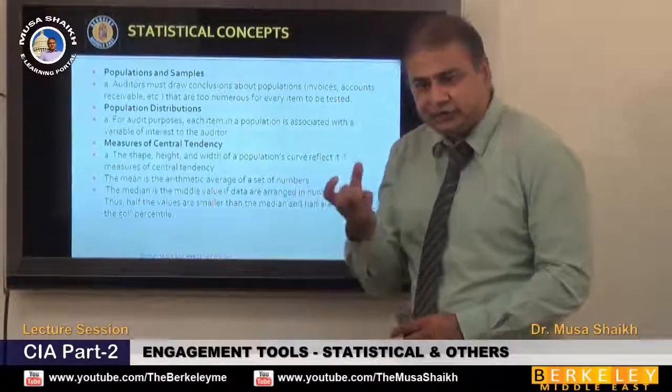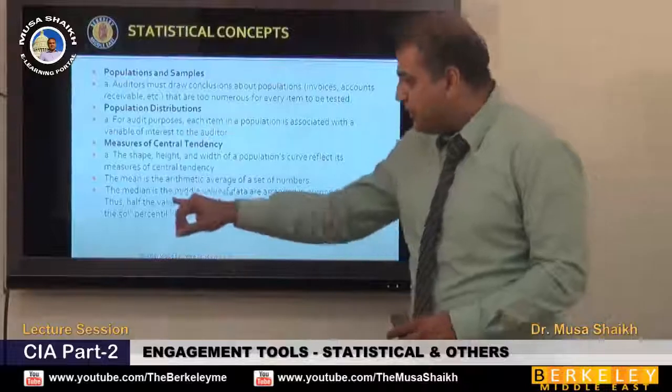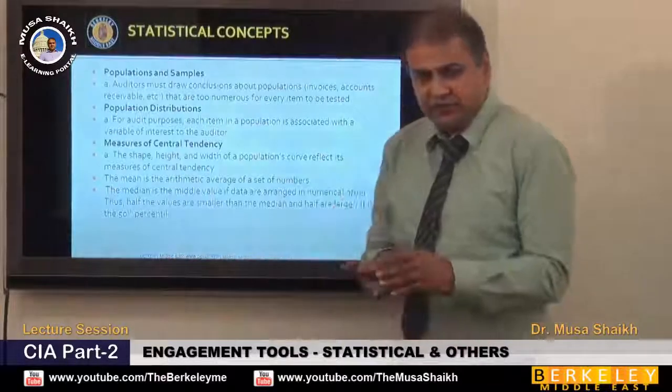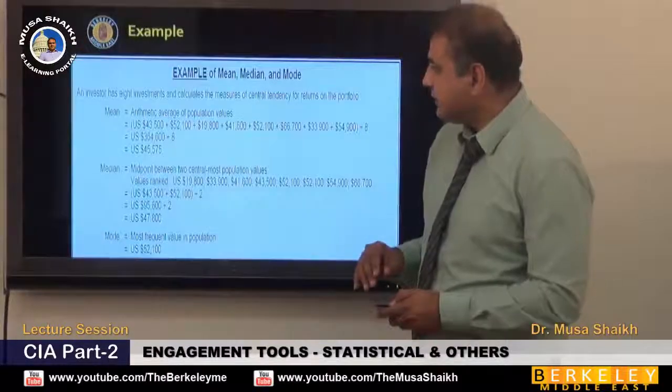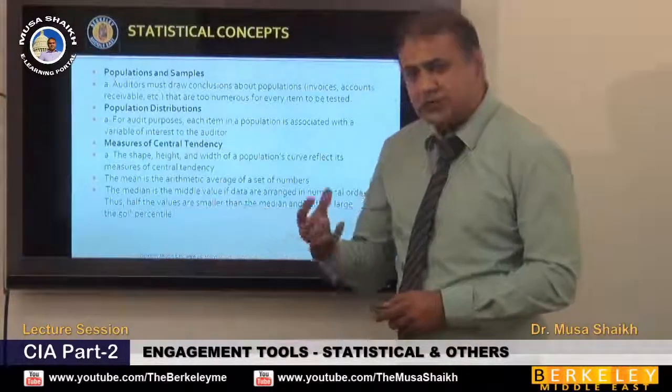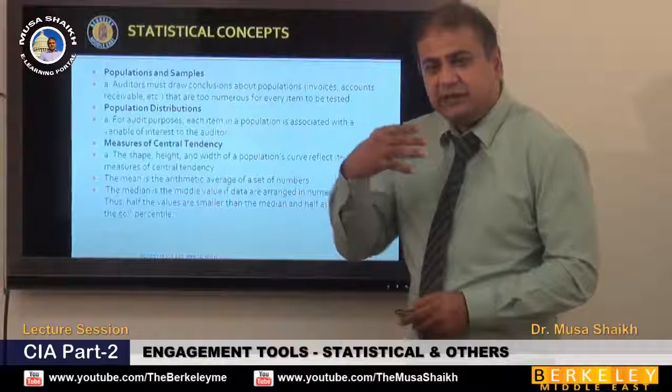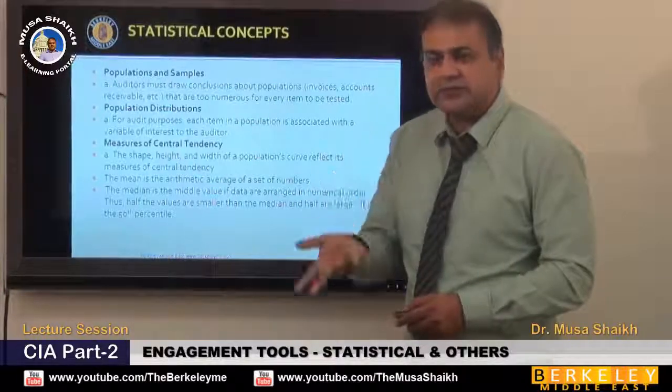Mean is the average. Then there is the median, which is the middle, and one is the mode, which is the most repeated value in the information, right?